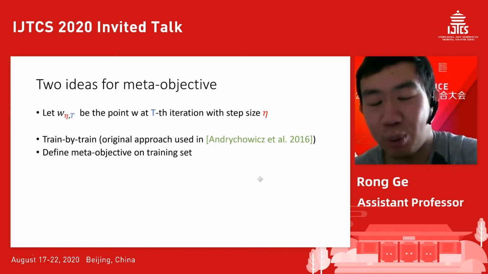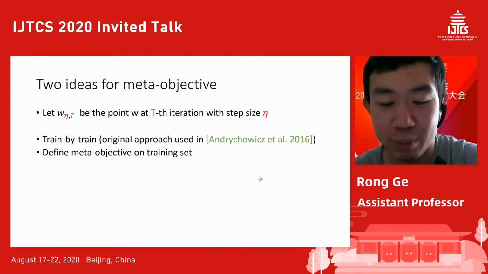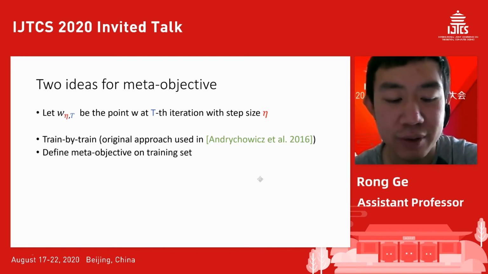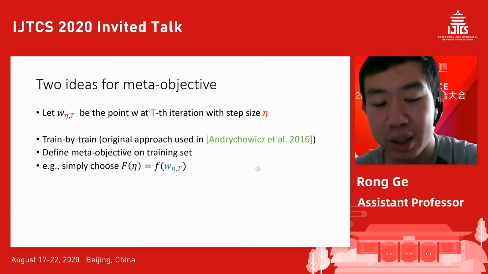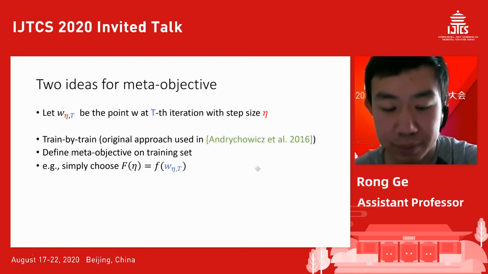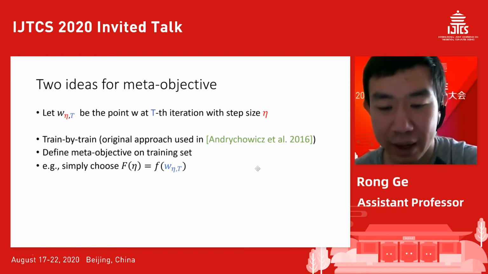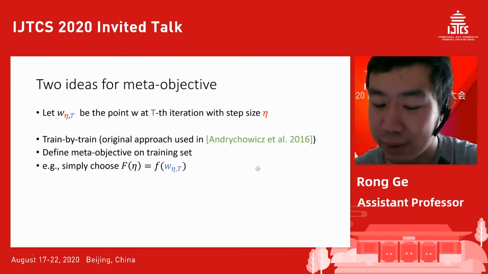This is the approach that you would directly think of, right? This is perhaps the most natural approach. You define the meta-objective on the training set. That means you can simply choose the meta-objective as your objective function evaluated at this last point.